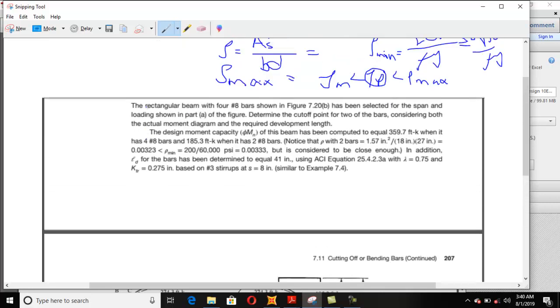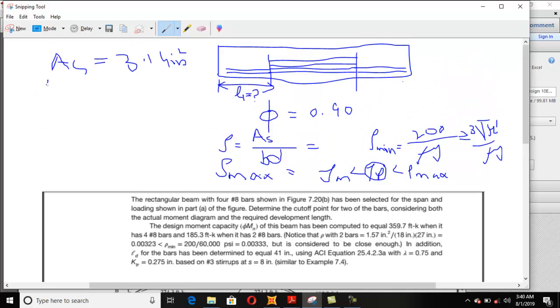Now if you cut off 2 bars, obviously this area will become half because you discontinue 2 bars. Then you need to calculate rho provided, and your rho minimum value will be the same, rho maximum value will be the same, and then you need to check this.